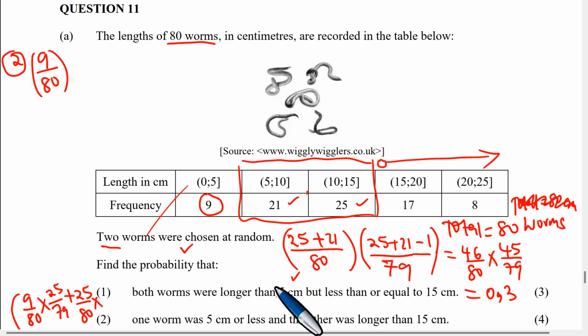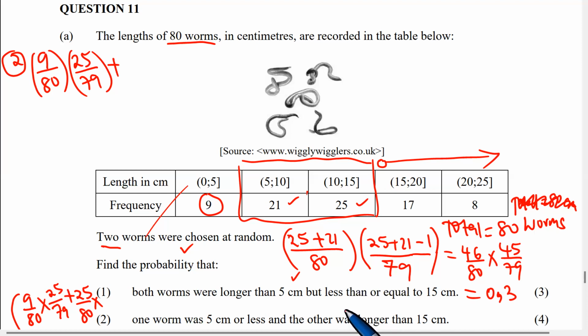And then the other one was longer than 15, which means you are here, which means it's going to become 17 plus 8, which is 25 out of 79 plus. Right. So after that, then obviously you continue with the process.